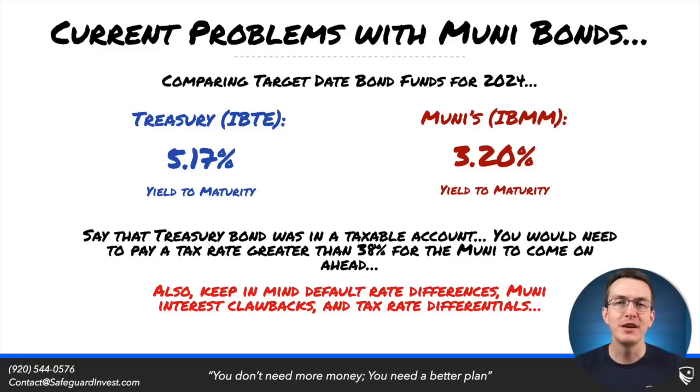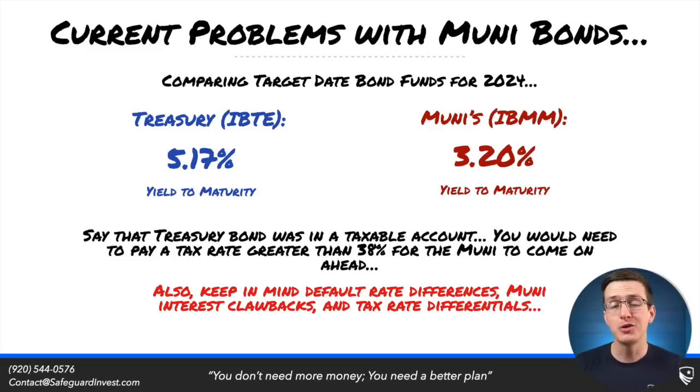If I look at a comparison of target date bond ETFs that mature in 2024, currently a treasury bond offers a 2% higher yield. Now the treasury will be taxable at the federal level. So the decision to go treasury versus muni bonds comes down to the tax rate you will pay on the interest. If you are paying a tax rate on that interest of less than 38%, you should actually go the treasury bond route.